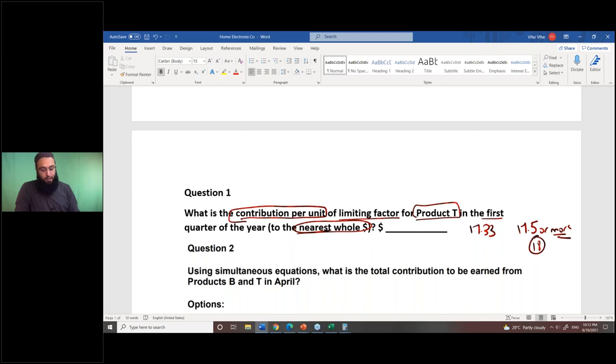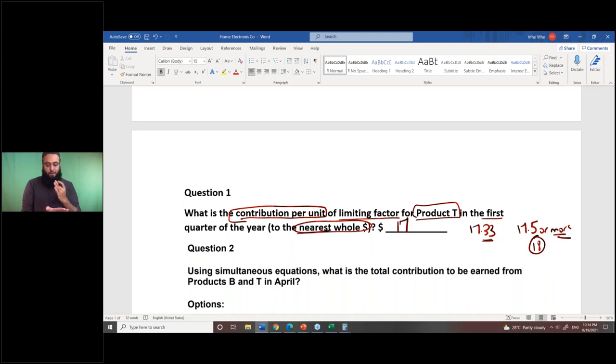The nearest would have been 18. But because it is less than 0.5, the answer here will be 17. Someone was asking me today about the nearest thing, right? So this is how you have to think.